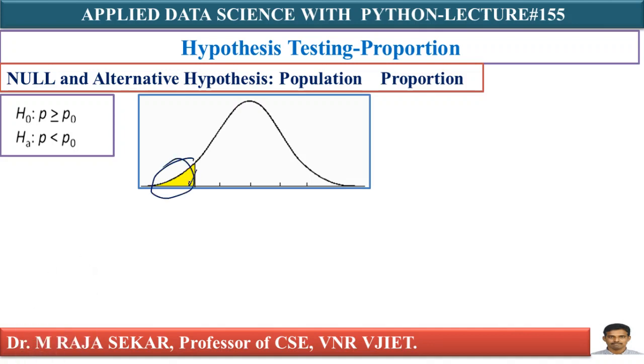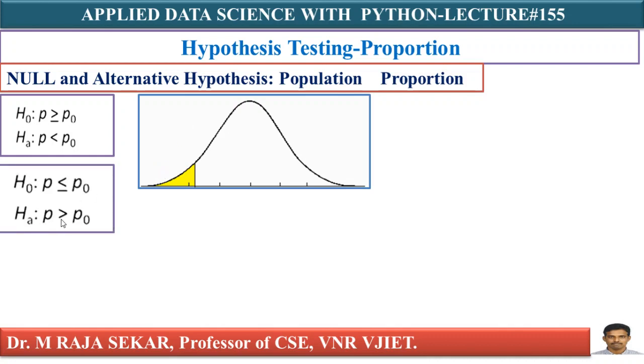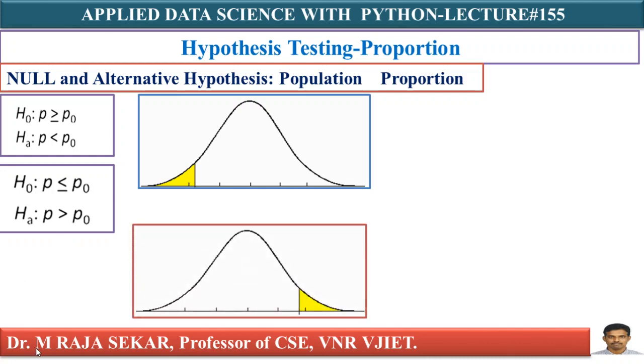Your rejection region or critical region is on the left side of this particular curve. If you have a greater than symbol in the alternative hypothesis, that can be treated as a right tail test. Under right tail you have the rejection region.